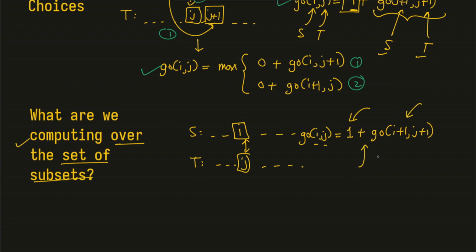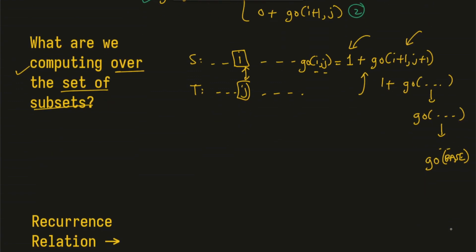Next up, this would have been evaluated to something else. This would again be evaluated into some other states, and eventually we will reach a base condition where we will find out whether there is more length that can be added to this particular subsequence or not.